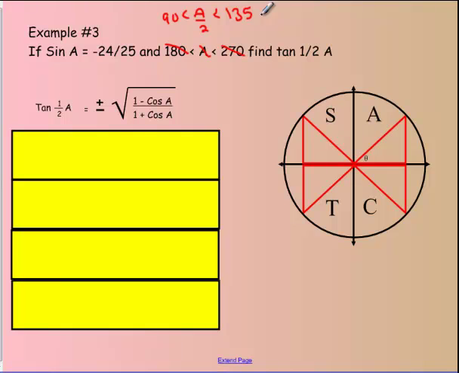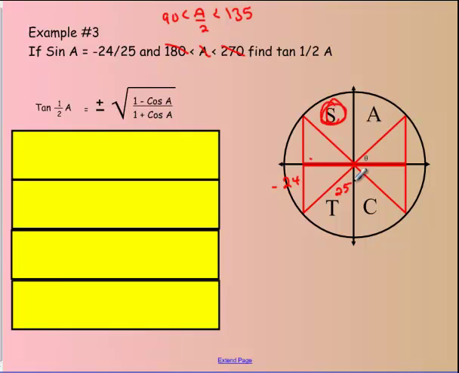So I know my final answer is going to carry the sign of whatever happens in quadrant 2. But we're beginning in quadrant 3, and they told me the sine is negative 24 over 25.